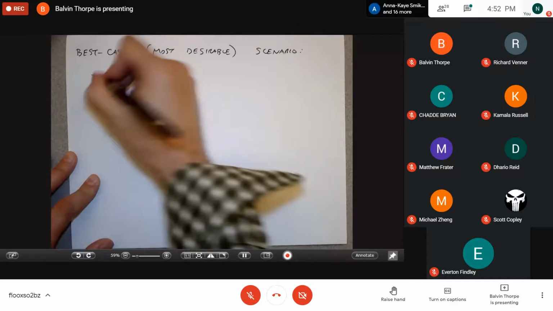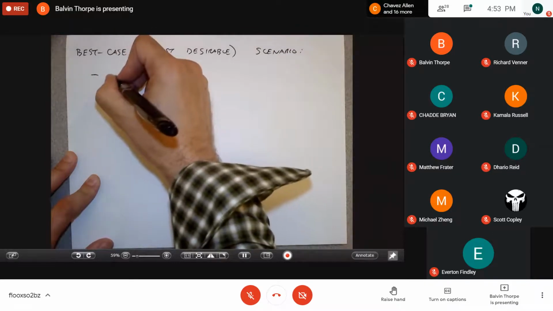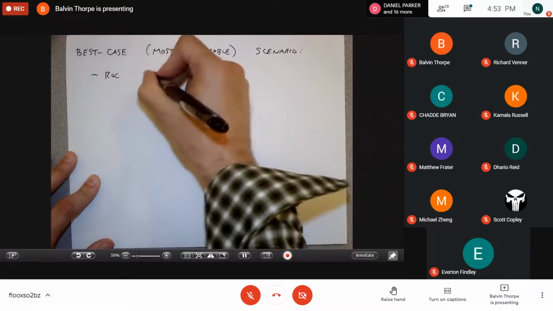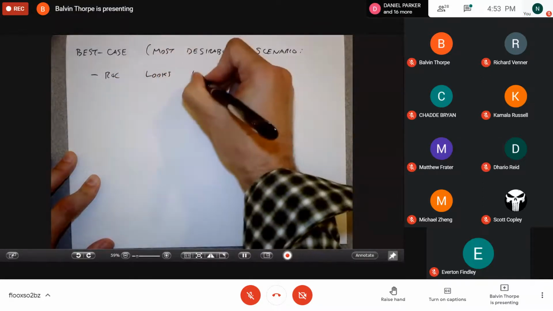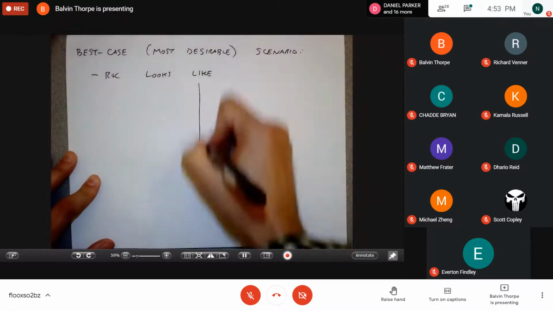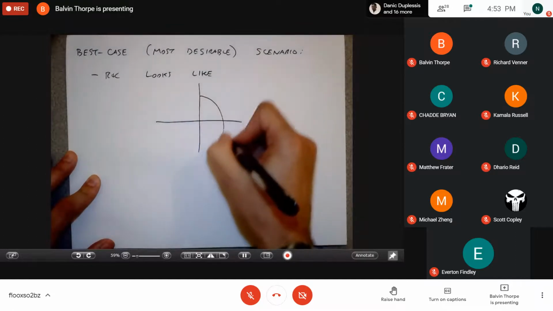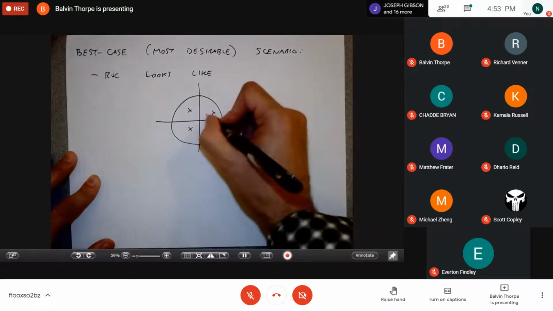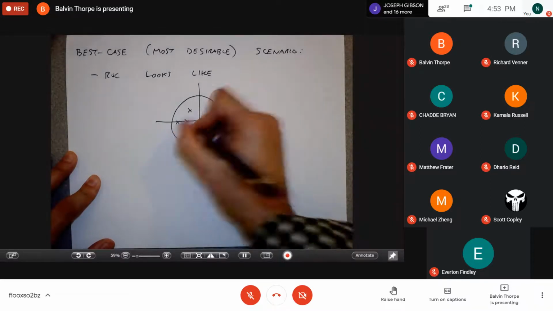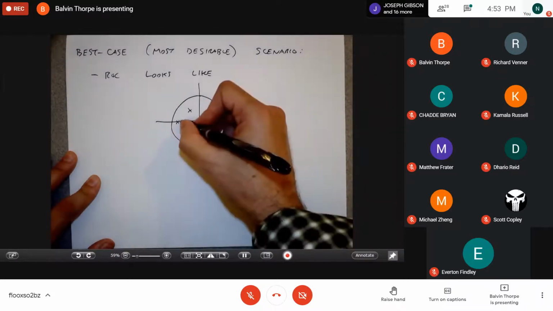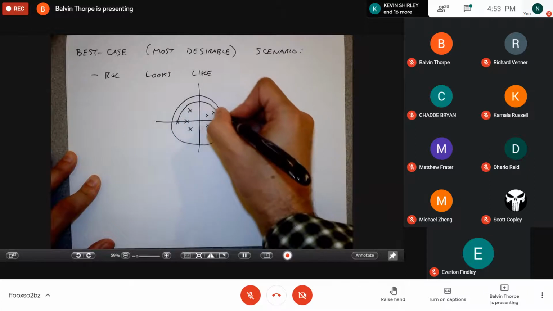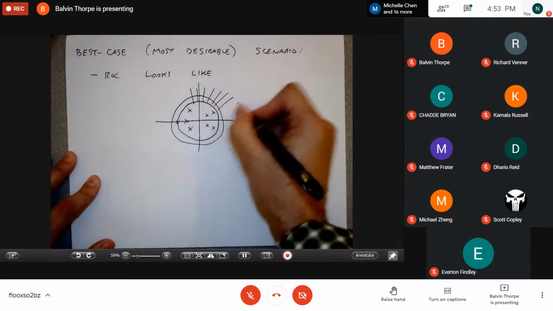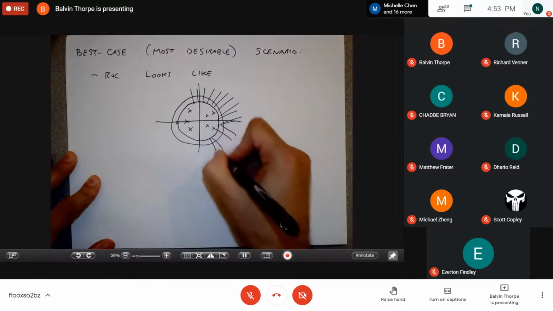Number 1 is that the ROC looks like, here's the unit circle. All the poles are inside the unit circle. And the ROC looks like a sunburst that is extending outside the outermost pole.